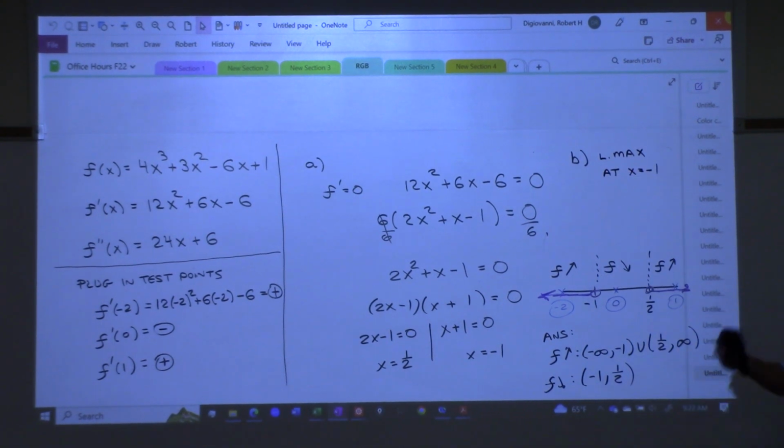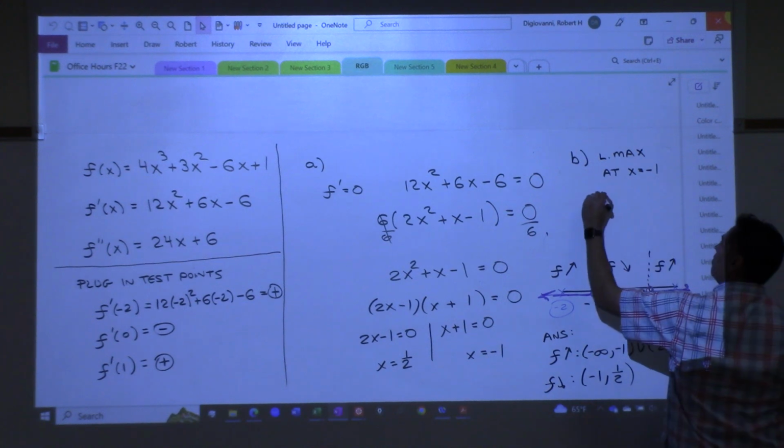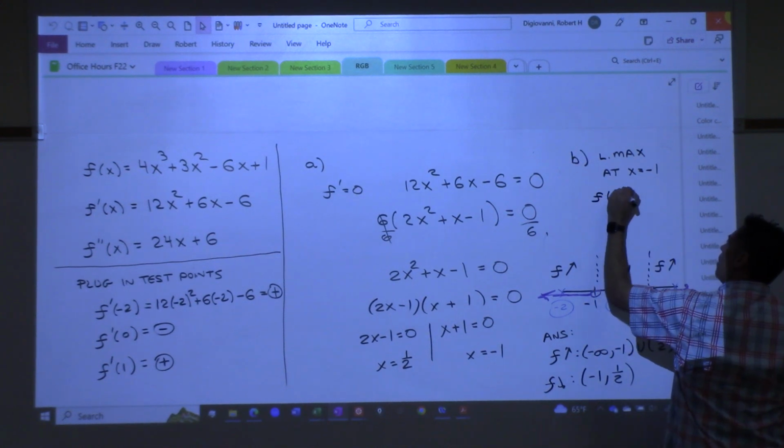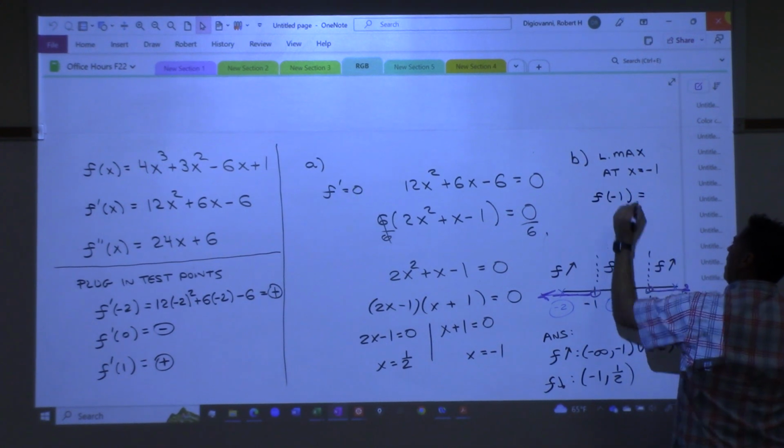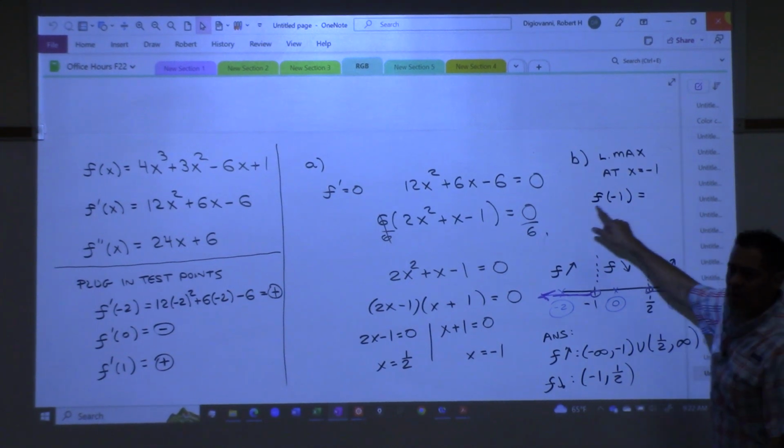Now, if I want to know the actual height of that hilltop, what would I do? If I want to know how high it was, what would I do with that -1? Plug it into the original function, and that would give you where you are. So I could do f of -1, and I would get an answer.